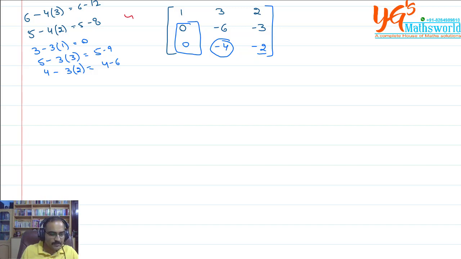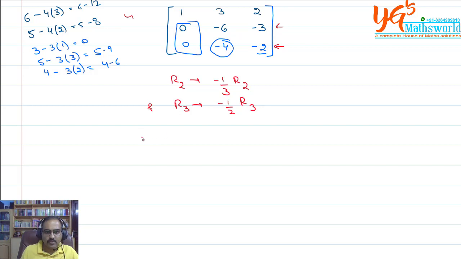So the very next step after this, what should I do? I divide this row by minus 3 and this row by minus 2. So R2 tends to minus 1 by 3 R2, and the second operation will be on R3, that is minus 1 by 2 of R3.